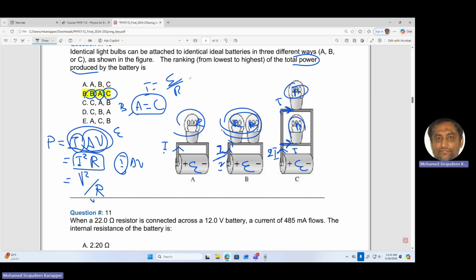You can also look at it from this side and answer the question. R is the same. But for this guy, the V here will be V over 2, and for this also V over 2. So this one is the lowest brightness, and A and C have the same brightness.